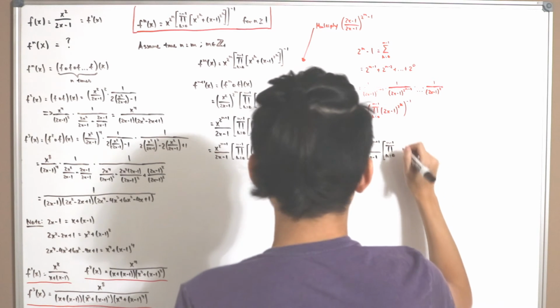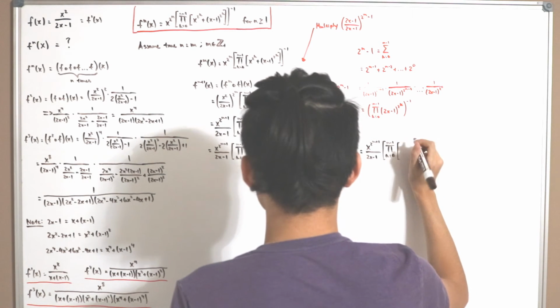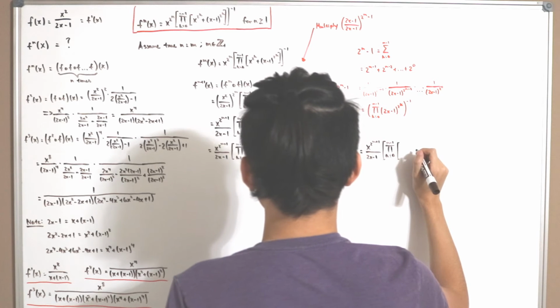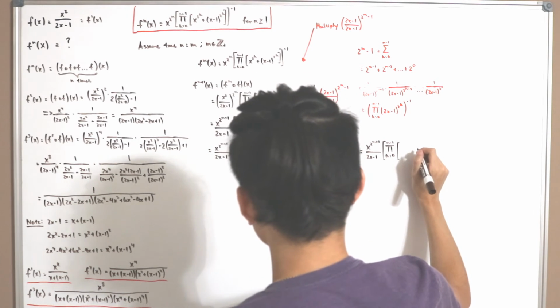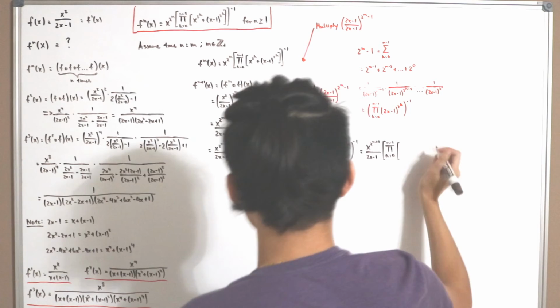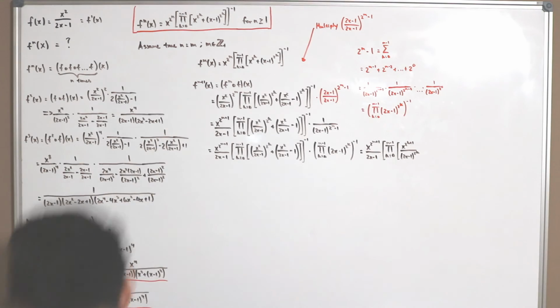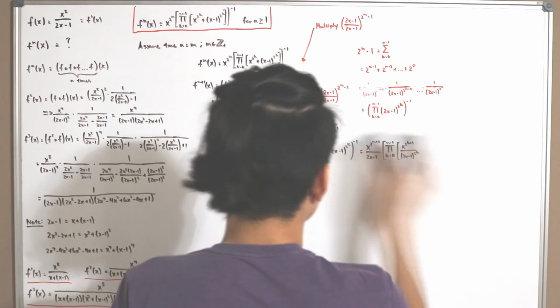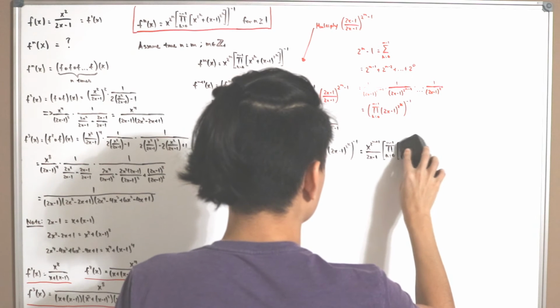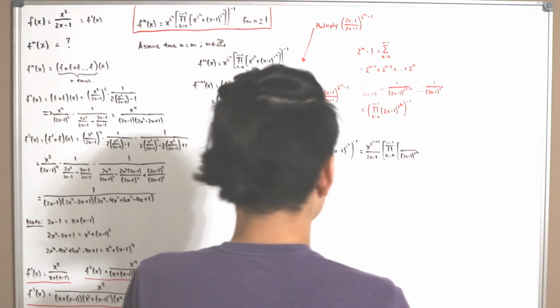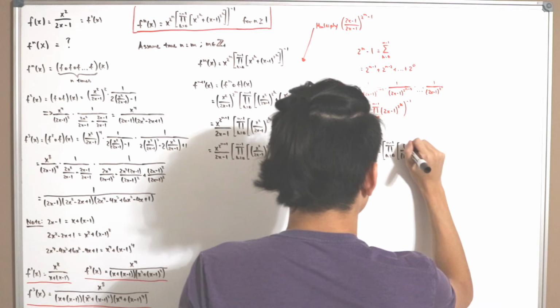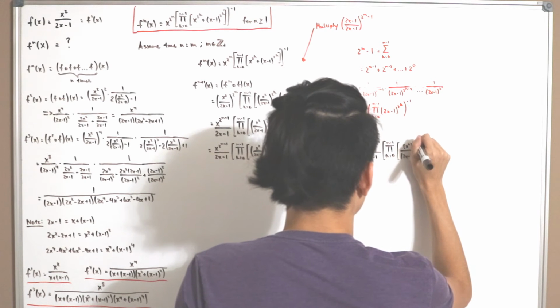Then we can distribute the power, so that means this is x to the 2k, 2k plus 1. Actually, I don't have to simplify this out. I can just keep it as x squared, and then raise to the power 2k.